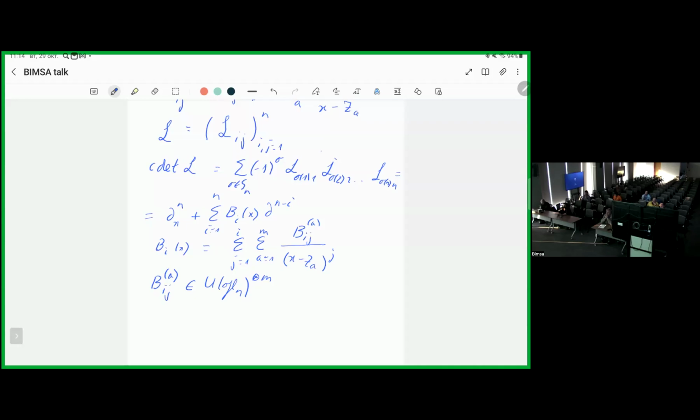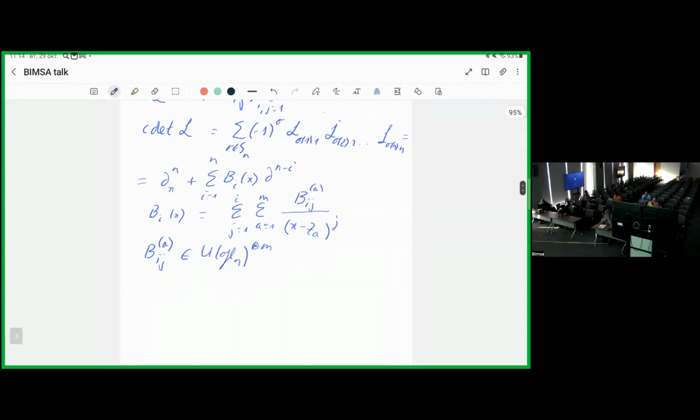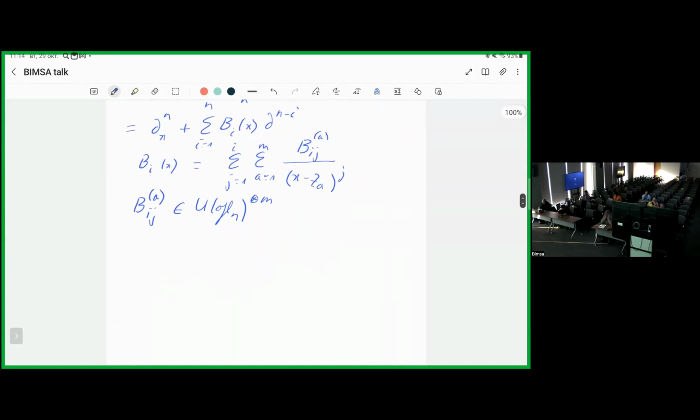So these are some very non-trivial elements, and they depend on z, of course. So I expand this column determinant, and I get these b_ij's.